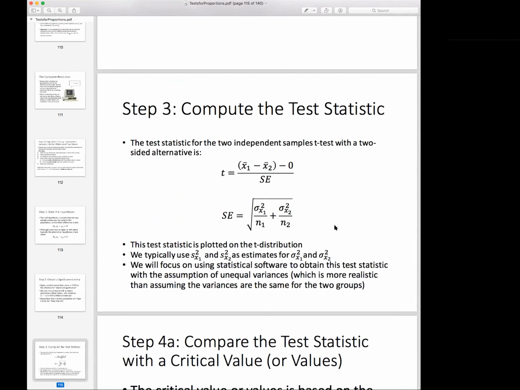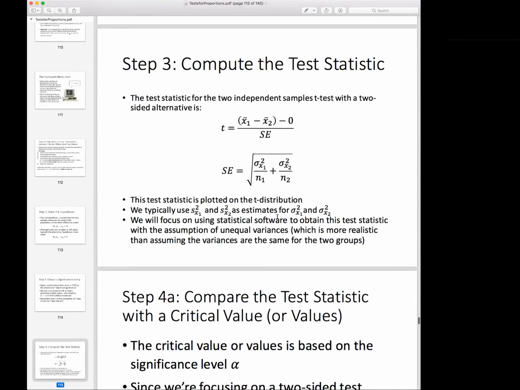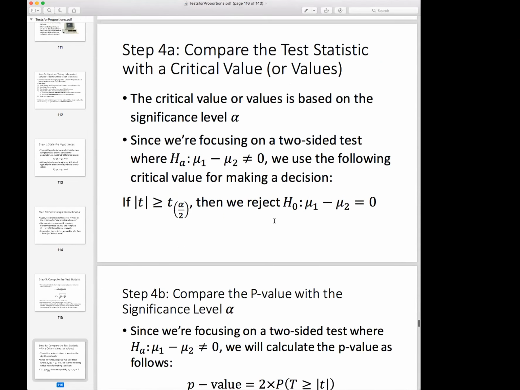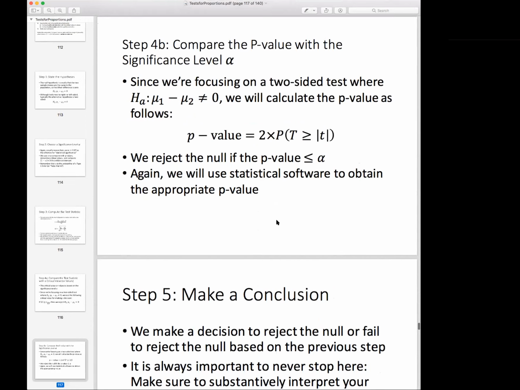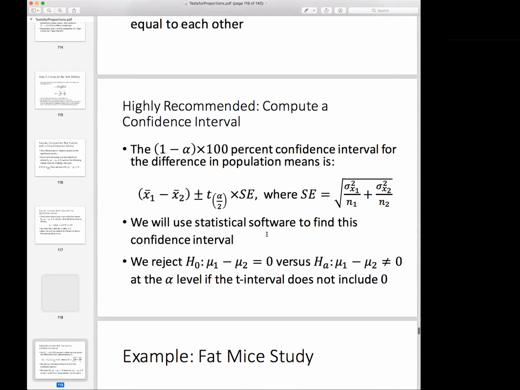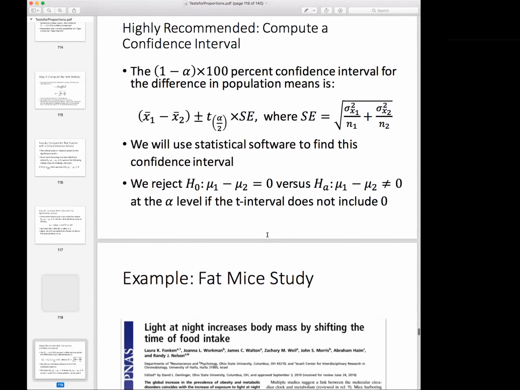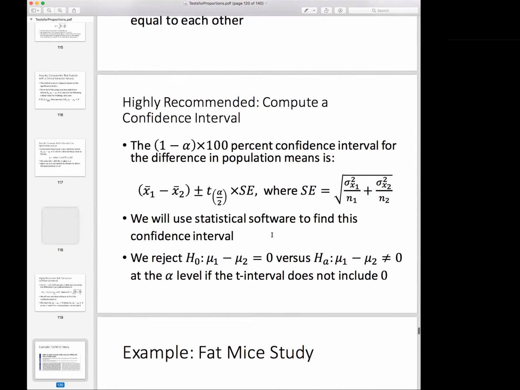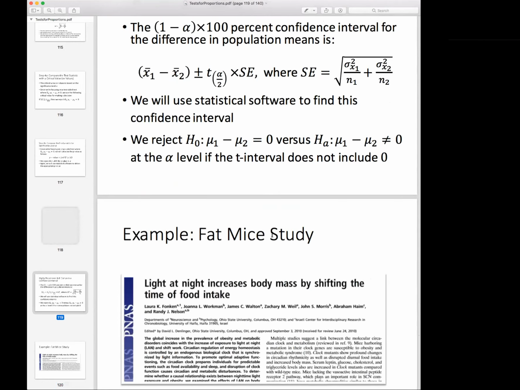In this case, the test statistic t will be equal to the mean of sample 1 minus the mean of sample 2 minus 0, divided by your standard error, where we said the standard error is equal to this. Then we'll compare the test statistic with our critical value, and we can find a p-value, compare that versus an alpha value, and make a conclusion based on that. We can also calculate a confidence interval, where this will be your confidence interval formula.